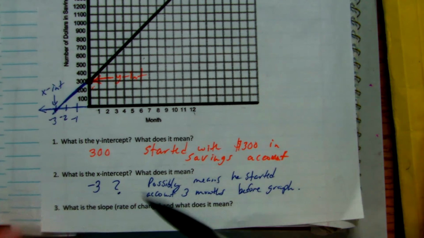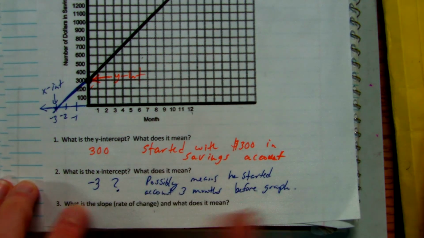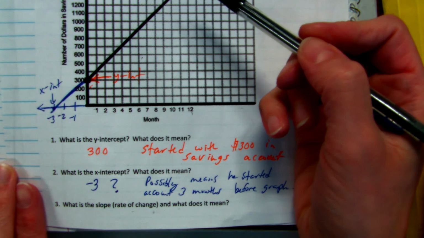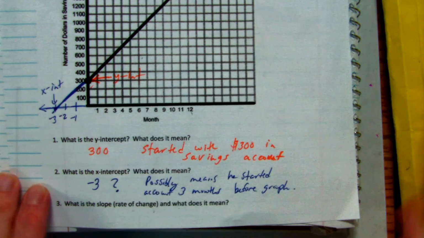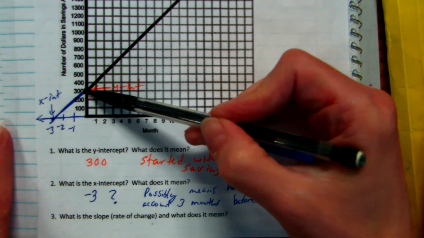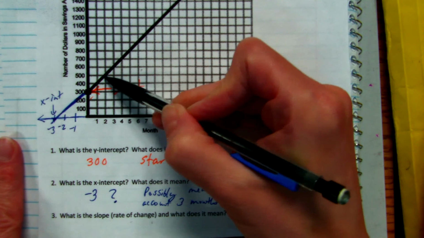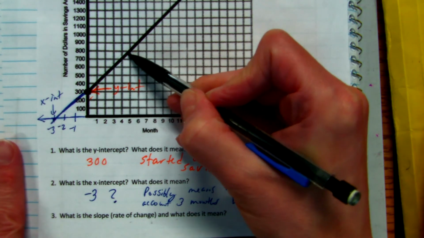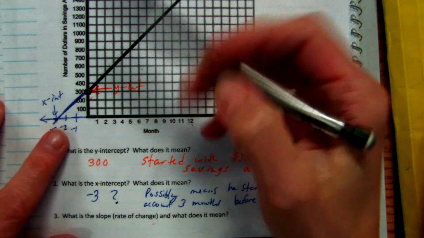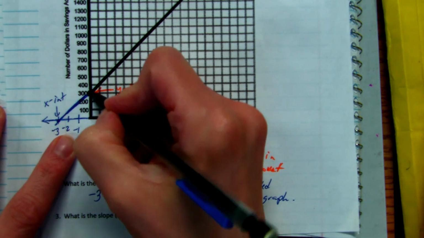All right, and it says, what is the slope or rate of change, and what does it mean? So let's go up to our line here. What we're doing is trying to figure out the slope. So it looks like there are points all the way across. It hits here, it hits here, it hits here. What we need to do, though, is think about the scale and how they numbered things. So I'm just going to pick a couple of points. Let's start down here at the 300.